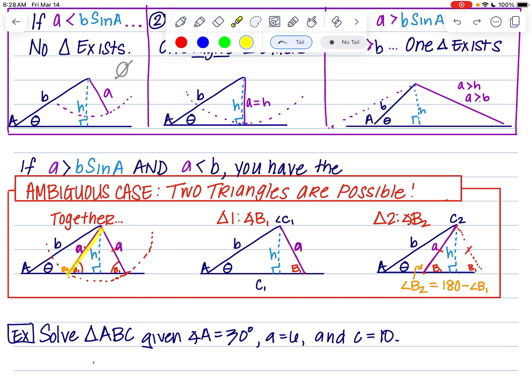This triangle right here, formed by the two radii of that imaginary circle that I drew, has congruent sides, so these angles are congruent because of the isosceles triangle theorem. So if that's the case, here is B1. That means B2, right here in the corner, is supplementary to B1. So 180 minus the measure of angle B1 is going to give me angle B2. The second triangle is going to go quickly because then we'll have two angles.